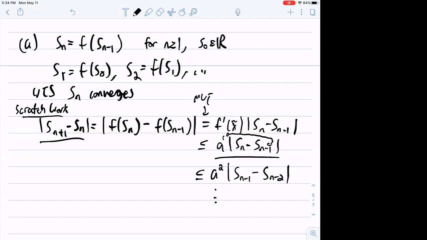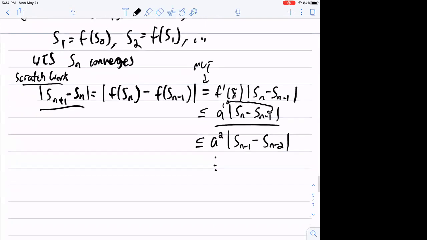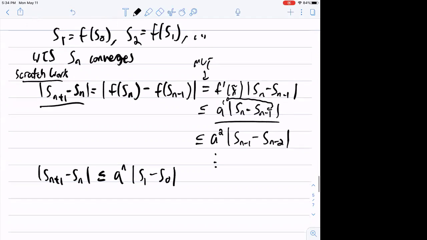I can keep going by the same argument. What you're going to get is Sn plus 1 minus Sn is less than or equal to A to the n times S1 minus S0, if you go all the way to the bottom. Again, reality check, these two should add up to n, like here, 2 plus n minus 2 should be n, just so we get the power correct.